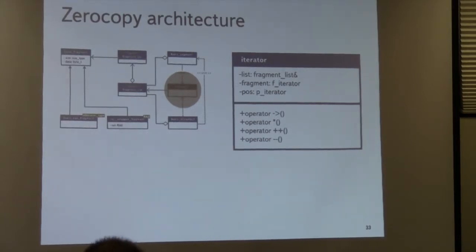It contains some functions to switch between the fragments when iterating through the data. It contains the fragment list reference, the iterator to the current fragment, and the position inside the fragment.